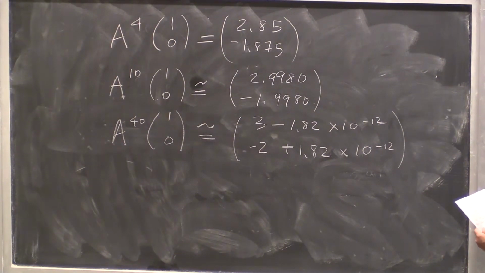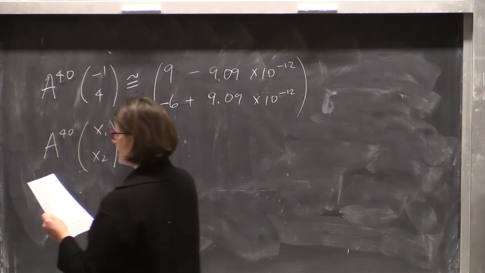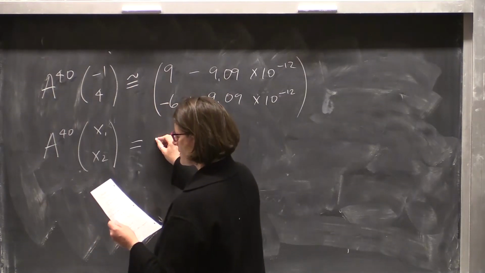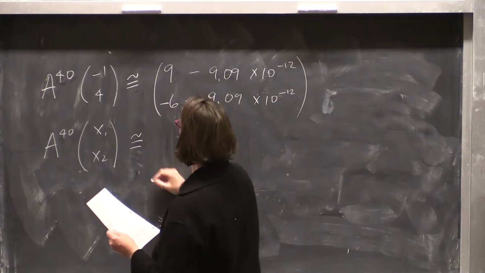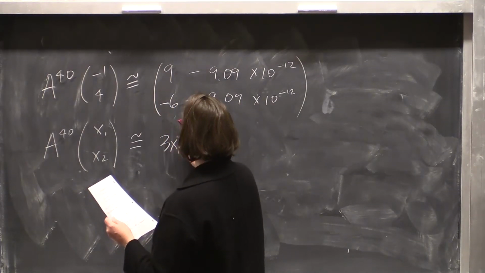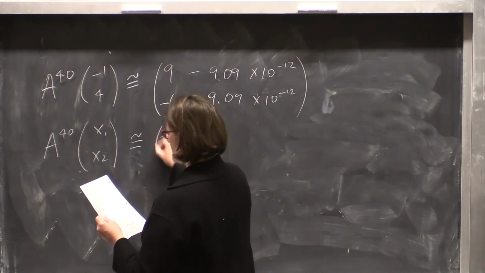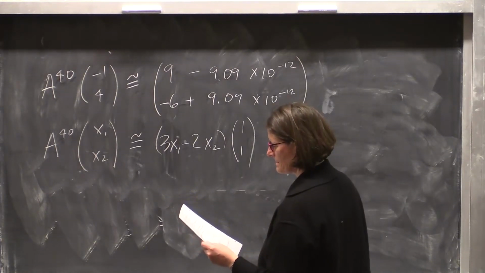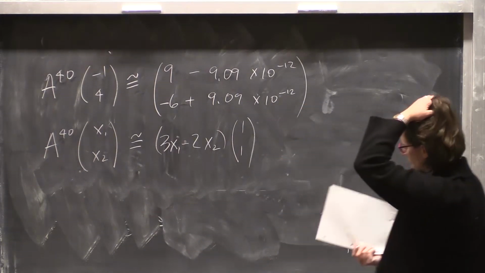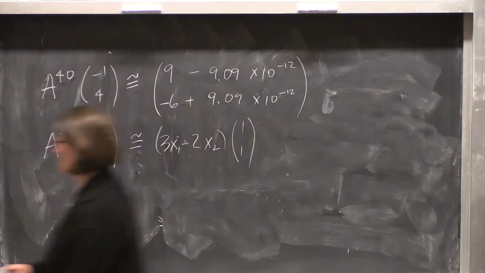And in general, if I apply A 40 times to the vector (x1, x2), I get something which is very close to (3x1 - 2x2) times the vector (1, 1). Actually, let me back off on that.